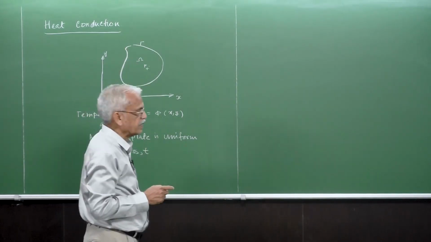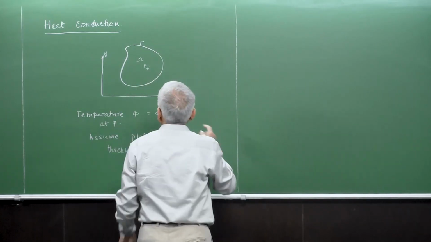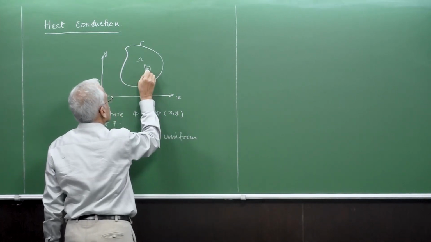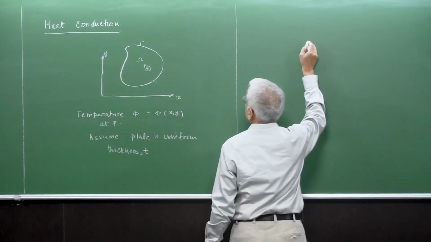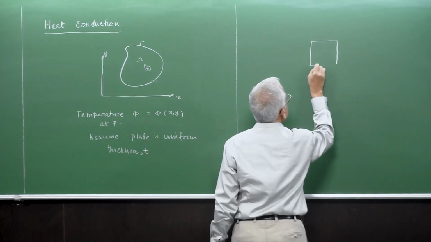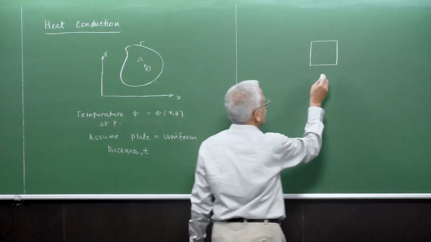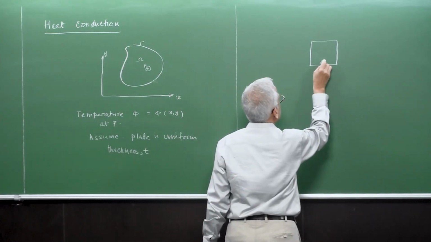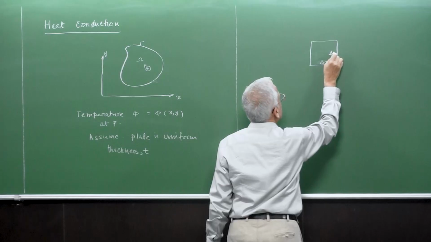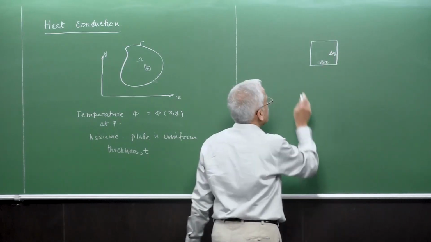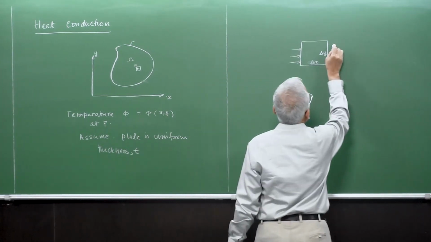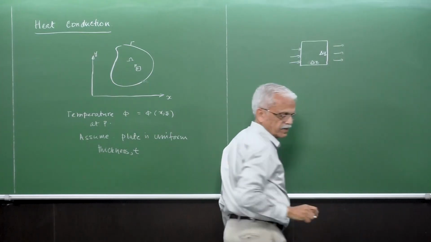But right now, first of all, let us see that at any point P, let's take a small elemental volume around P, of size delta X and delta Y. There is heat going in here and heat leaving here.